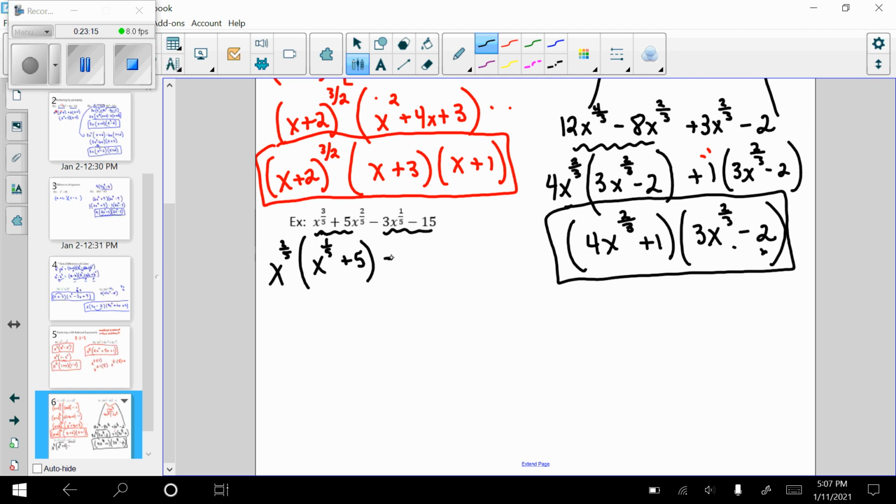Here I can pull out a negative 3. And I get x to the 1/5 plus 5. So when I finish this up, I get x to the 2/5 minus 3 times x to the 1/5 plus 5.